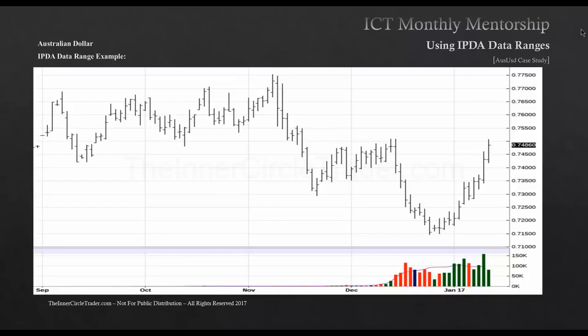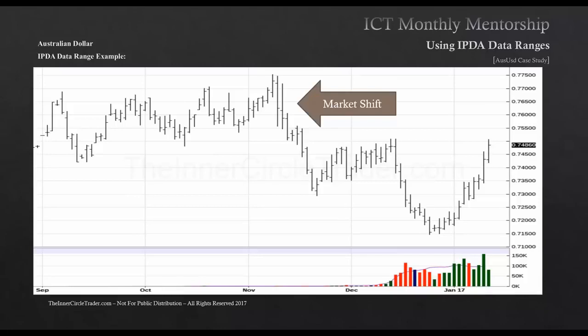That means there was a great deal of displacement by the large players, or smart money. What we're seeing here is that the underlying futures contract of the Australian dollar has a market shift right there. That's a quarterly market shift. Over the last 3 to 6 months, that's the most obvious one.